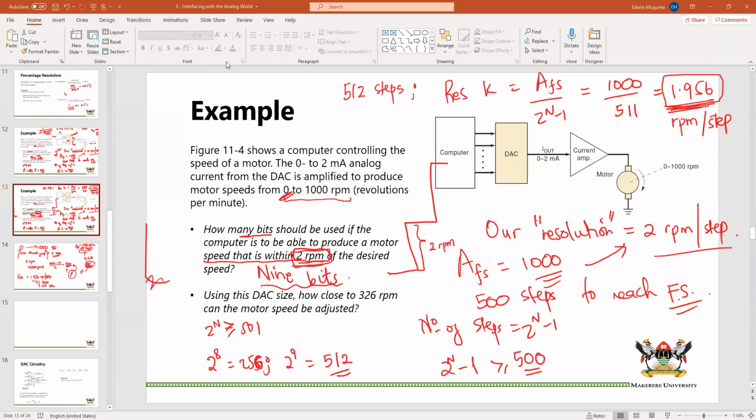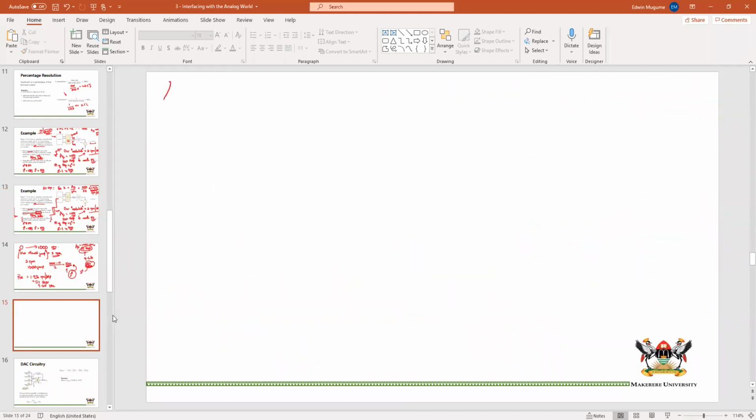The other question is, using this DAC size, how close to 326 revolutions per minute can the motor speed be adjusted? You see, this is all a consequence of the fact that the analog signal at the output is not actual analog, it's pseudo analog, it jumps in steps.